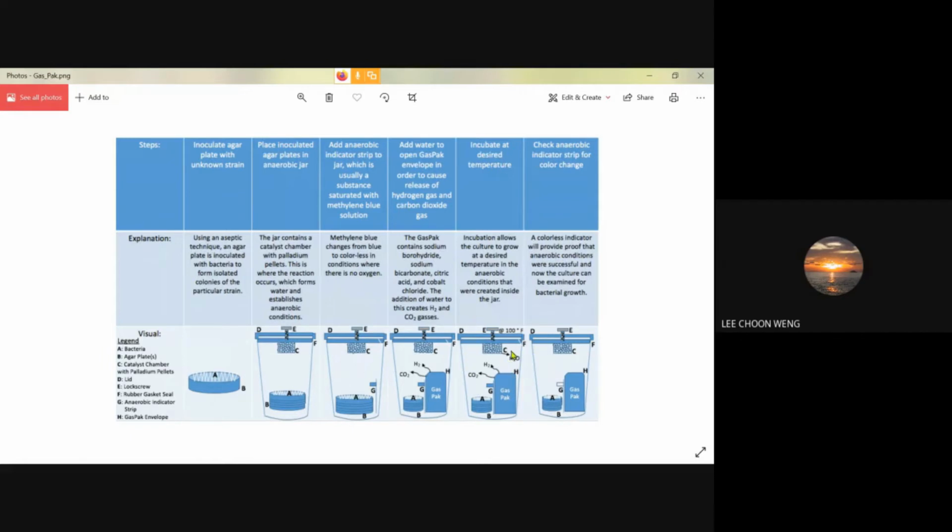It's just a reaction between hydrogen and oxygen forming water. So the anaerobic indicator strip is helpful to see whether your jar is anaerobic. If your anaerobic indicator strip shows oxygen, it might mean there's a leakage somewhere.